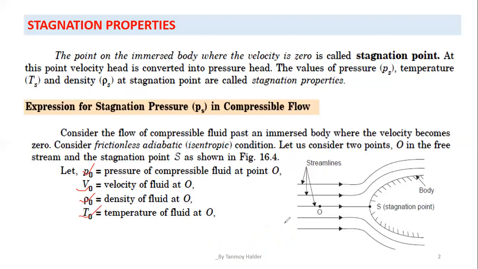Now at the stagnation point, that means this point, suppose the pressure becomes Ps, the temperature becomes Ts, the density becomes rho s, and the velocity becomes Vs. Now the value of Vs is 0, because at the stagnation point the velocity becomes 0.